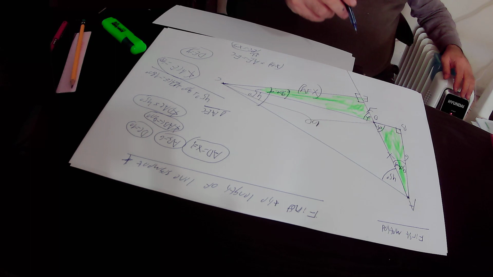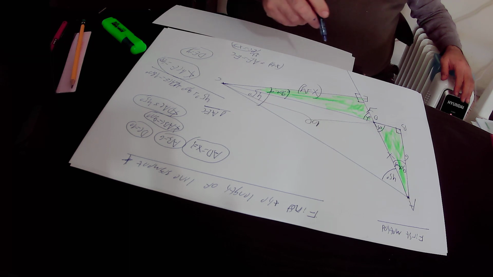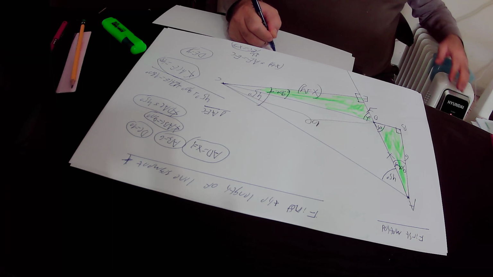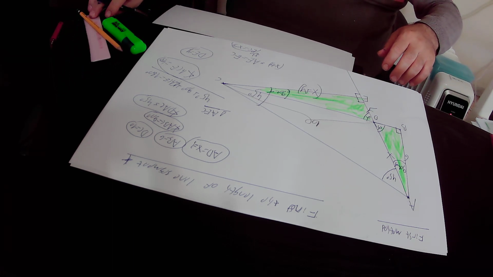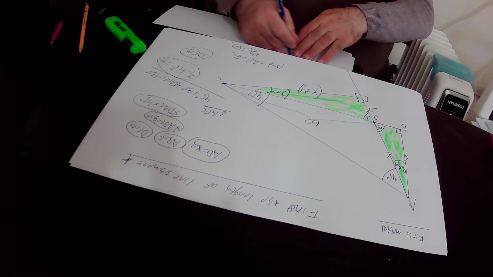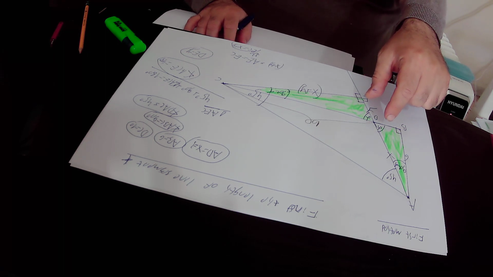In the right triangle ABD and in the right green triangle EDC, we have those two angles that are equal to each other, both equal to alpha.